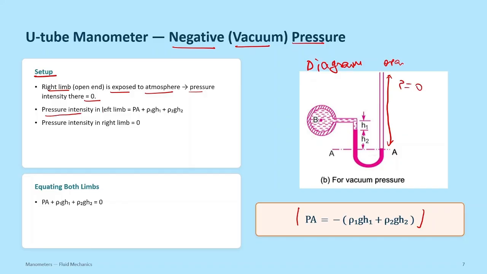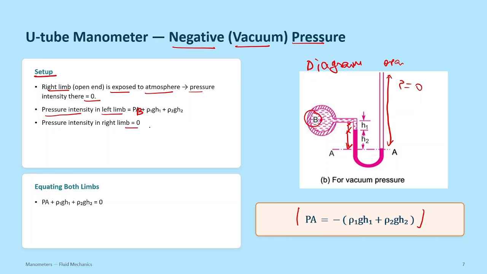Then pressure intensity in the left limb is pressure due to this point B. Here it is written A, you can change it to B. PB plus pressure intensity in this pipe. So you can write it as density of this light water, rho 1 G H1, and this mercury one, rho 2 G H2.